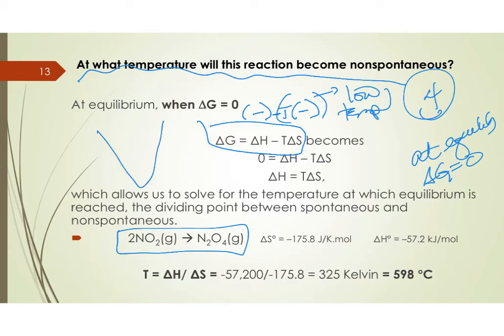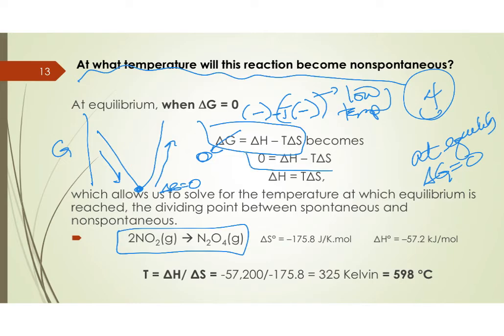If you have your delta G curve, it is spontaneous going downhill. Here's equilibrium, and it's non-spontaneous going uphill. So the equilibrium position, when delta G equals 0, is the point at which a reaction flips from spontaneous to non-spontaneous. So with that in mind, you want to set delta G equal to 0.